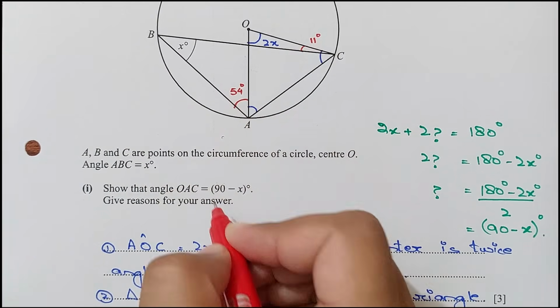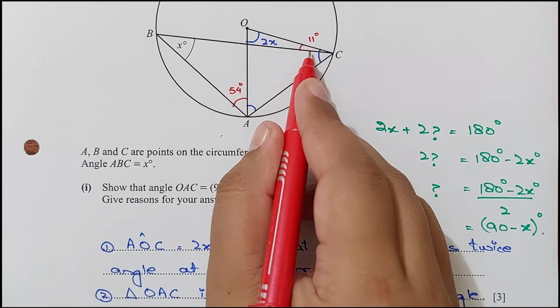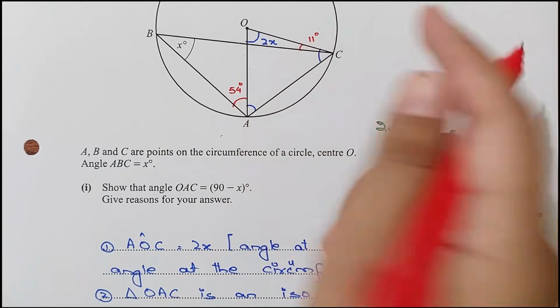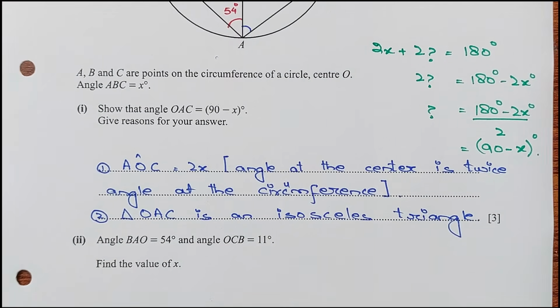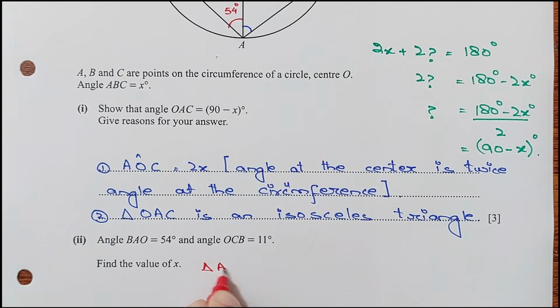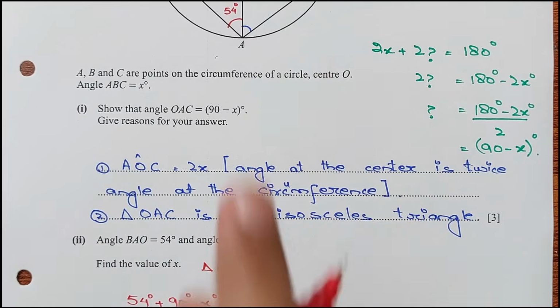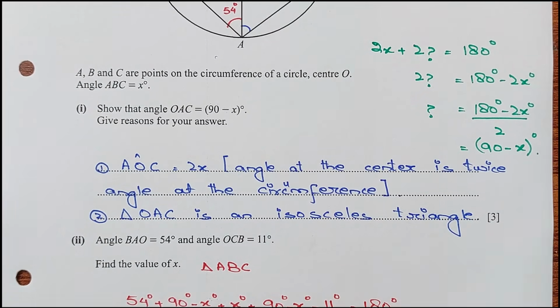Angle A is 54 plus 90 minus x degrees. B is x degrees. And the whole angle C is 90 minus x degrees, subtracting 11 degrees, sorry, 11 is subtracted. This sum is 180 degrees.